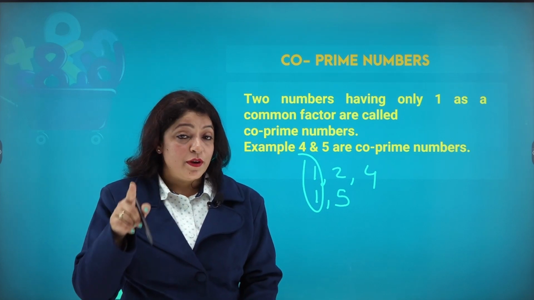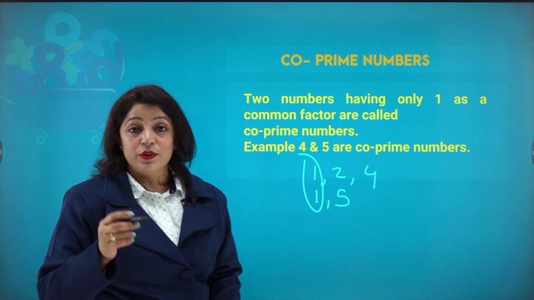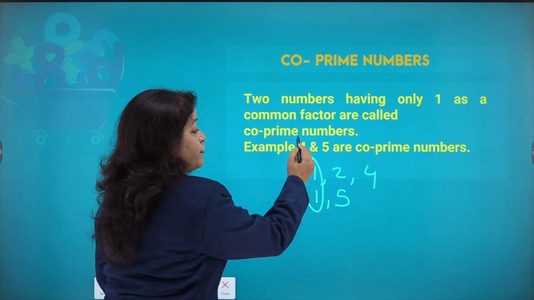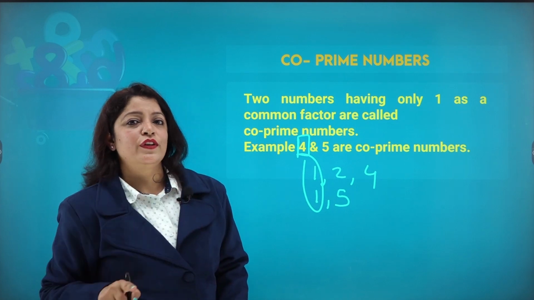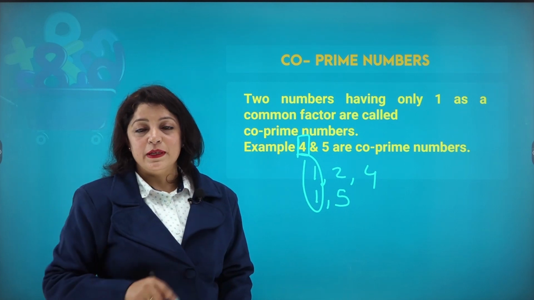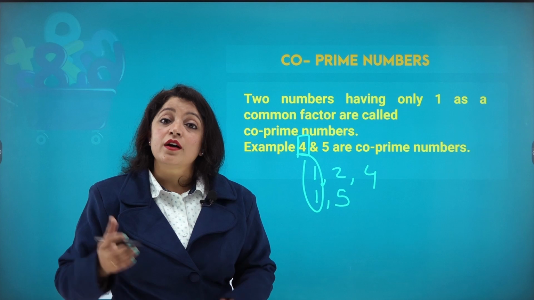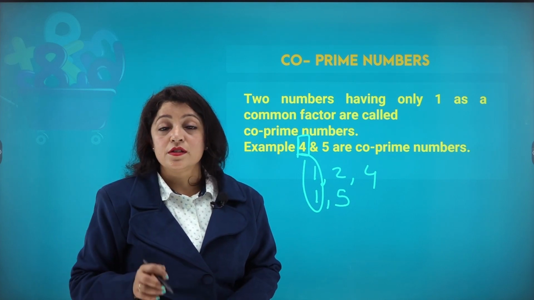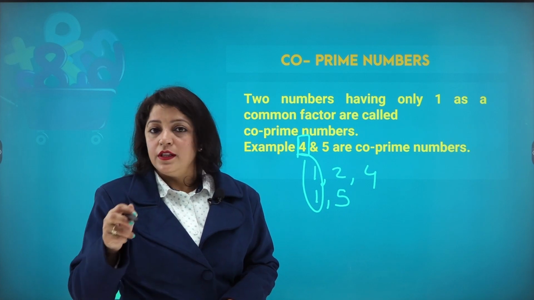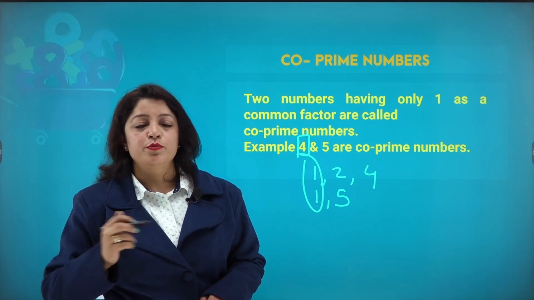But remember one very important point. 4 is not a prime number, but 4 along with 5 is a co-prime pair. So, for co-prime numbers, it is not at all necessary that the numbers be prime. They may be prime, they may not be prime.